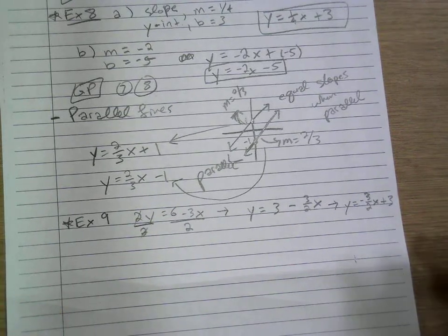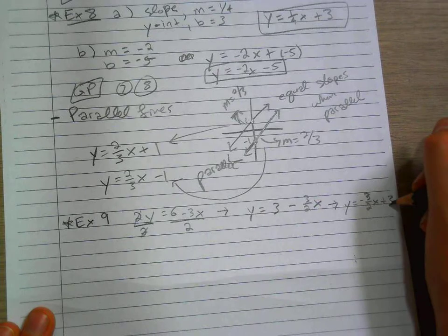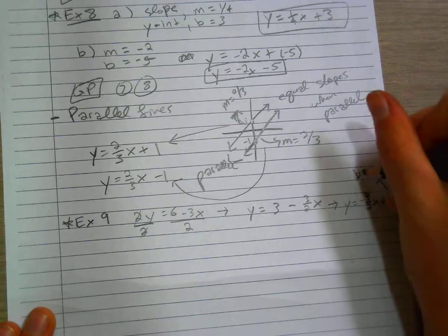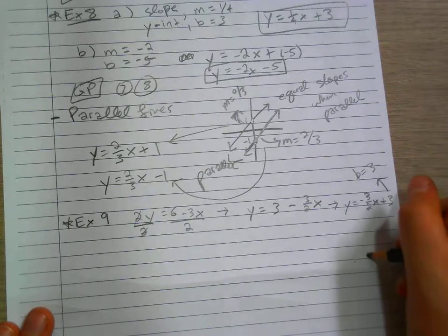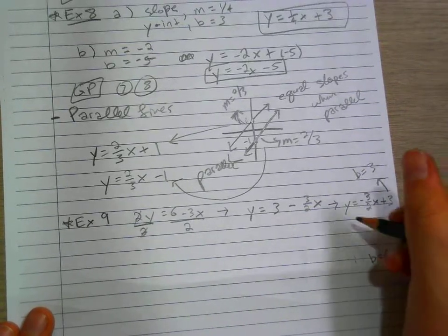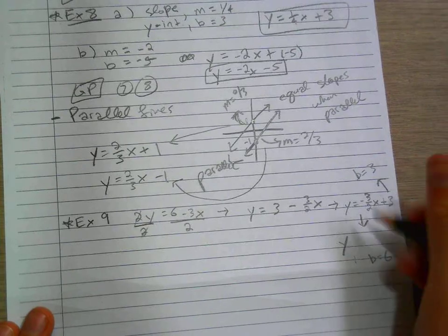The question is, write the equation of the line parallel to this line that has a y-intercept of 6. So this one has b equals 3. But if we want one that has b equals 6, all we have to do is switch out the numbers.